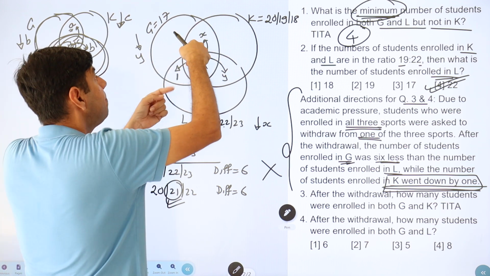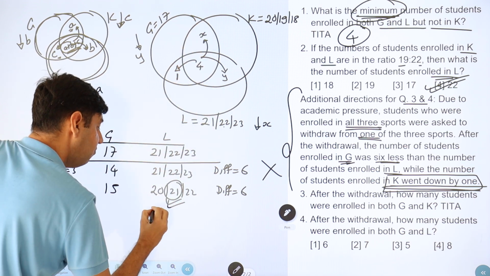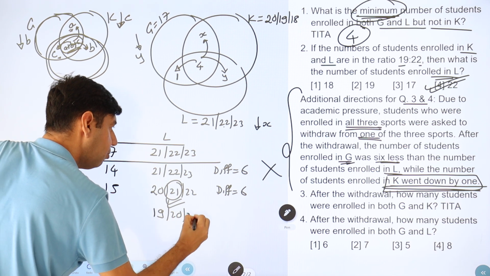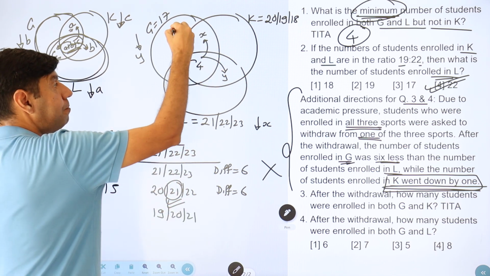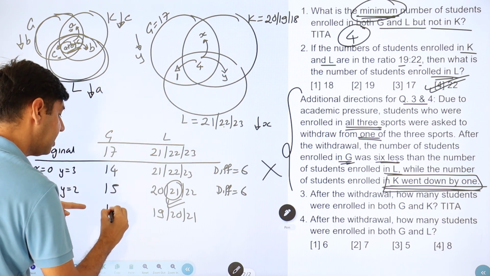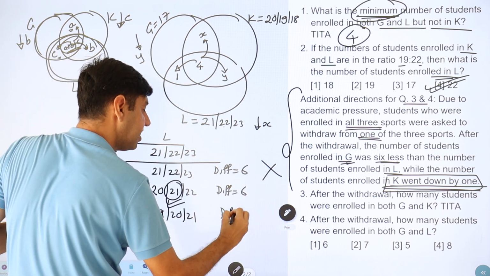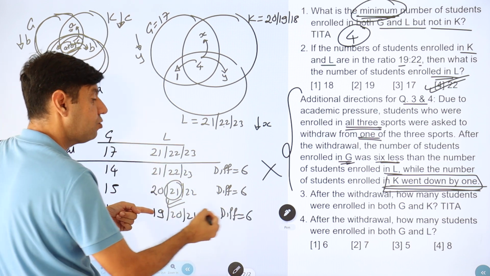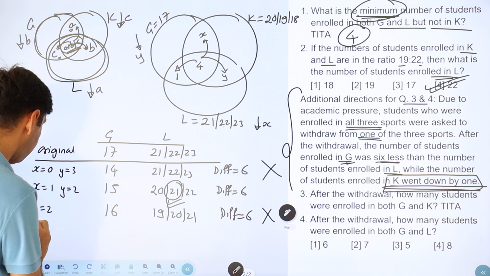If two people left L, then L would have been 19, 20 or 21. And if 2 people left L, one would leave G and G would have become 16. Is a difference of 6 possible? 16 and 6 should make it 22. There's no 22. So this is also not possible.